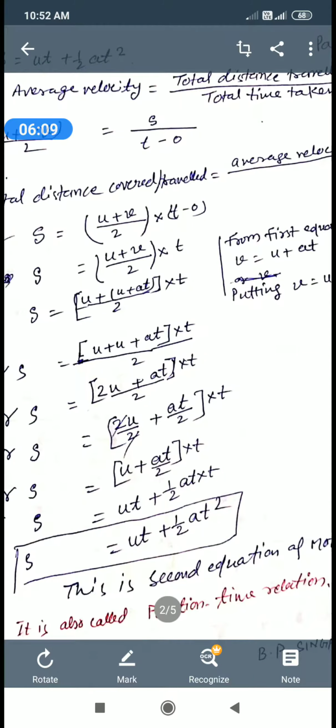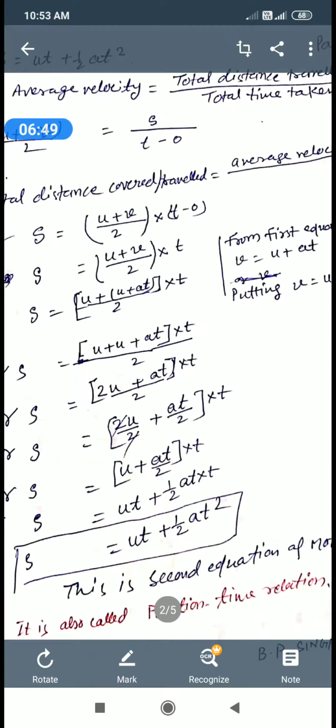Now on solving the equation, s is equal to 2u plus at whole divided by 2 and whole multiplied by t, or s is equal to 2u by 2 plus at by 2 in brackets multiplied by t.